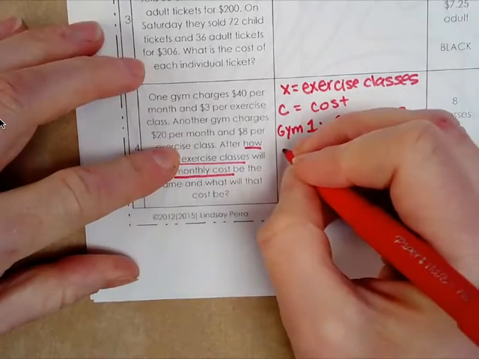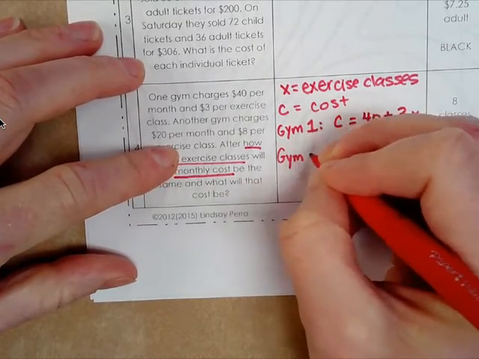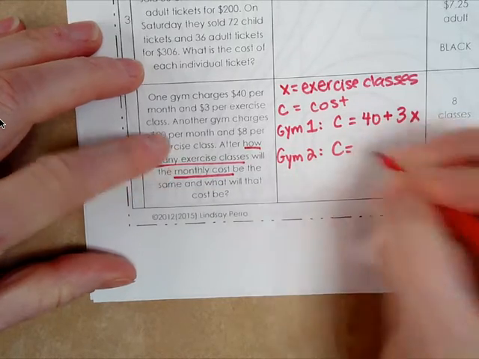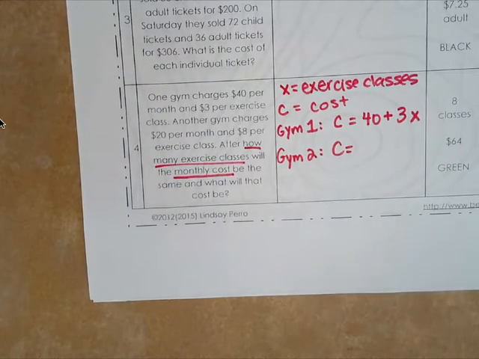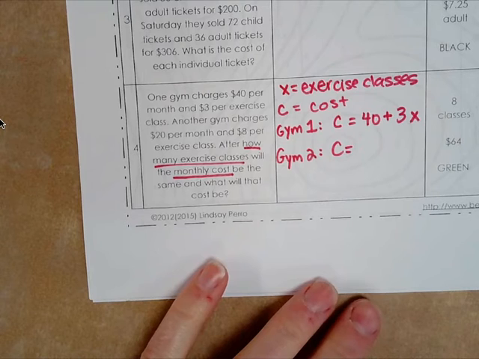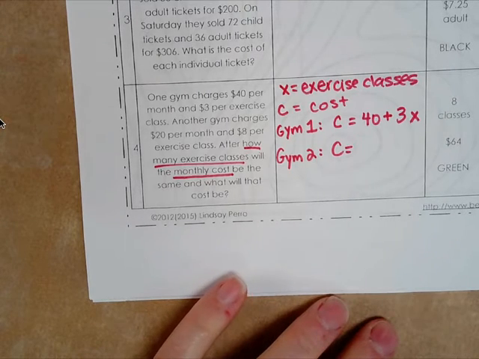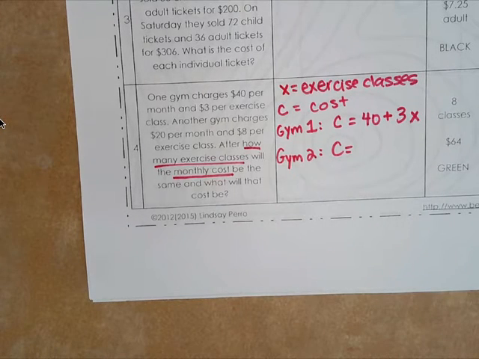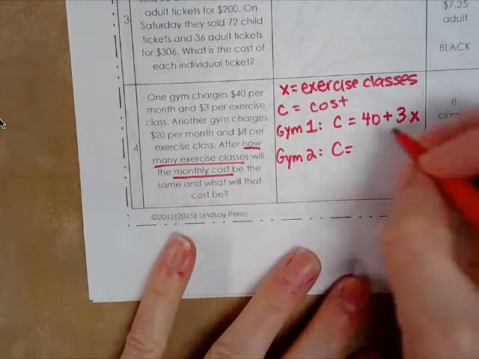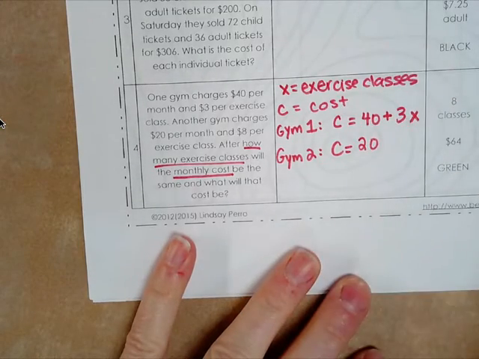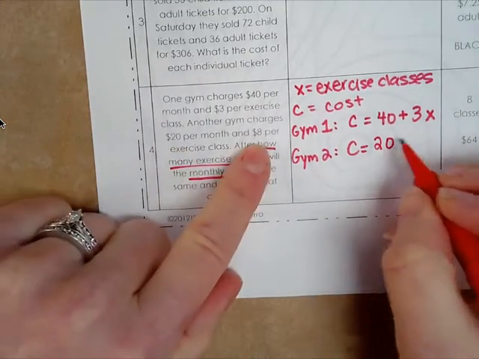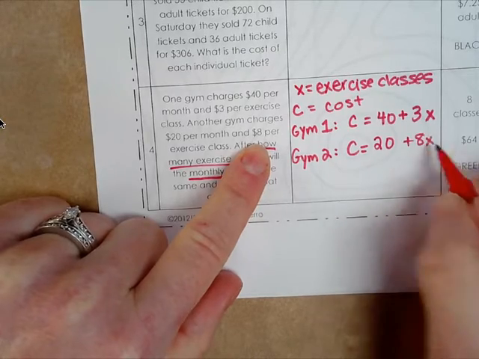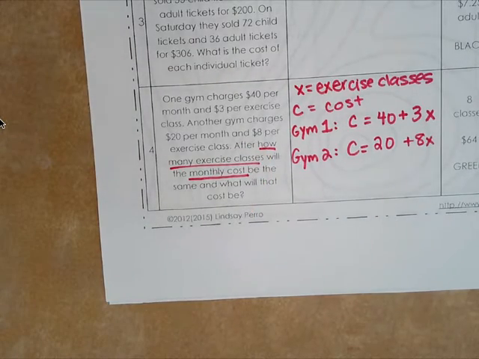And then Gym 2, cost is found by doing $20 per month, $8 per exercise class. So you pay your upfront cost. What's our upfront cost on this one? $20. And then $8 per exercise class. So it's not saying multiple months. It's saying multiple exercise classes.